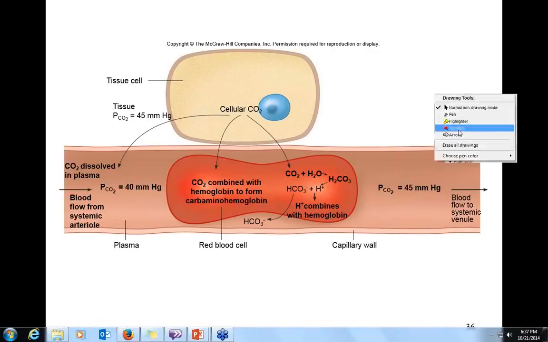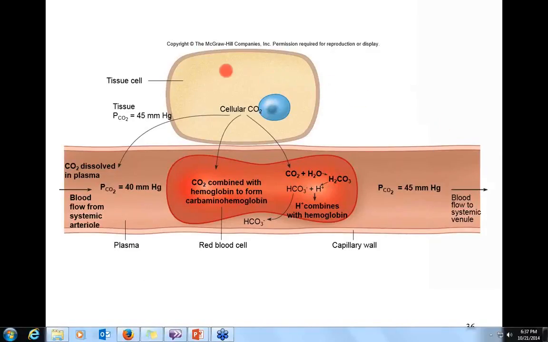Okay, so what's this illustration showing? So here's the cell. Remember, the cell is producing CO2 as part of cellular respiration. So the CO2 is going to leave the cell.